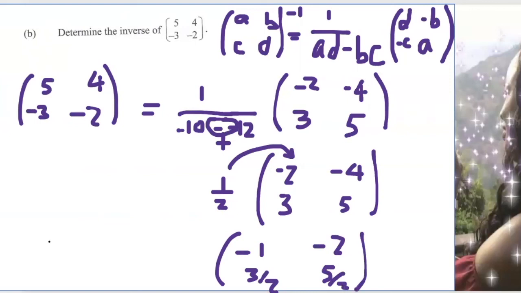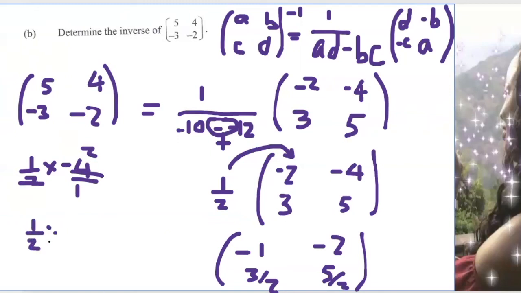Just note that for a half times minus 2, if you're going to do this without a calculator, you say minus 2 over 1, and 2 into itself goes 1 time, 2 into 2 goes 1, so we are left with just minus 1. Also, when you multiply a half times minus 4, I'm going to put minus 4 over 1, and then say 2 into 2 goes 1 time, 2 into 4 goes 2 times, keep the sign, so that's why you have minus 2.